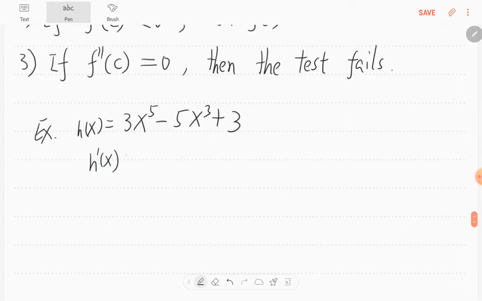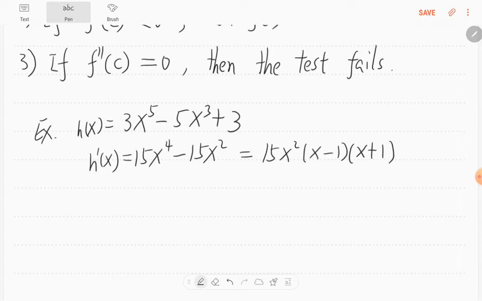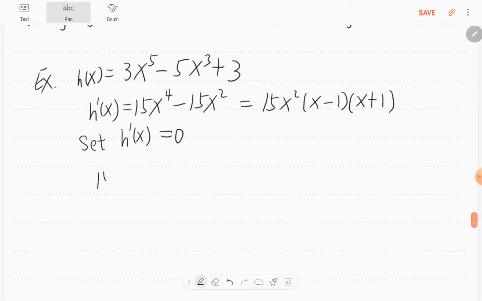To find the critical points or critical values, we take the first derivative, which is 15x to the fourth minus 15x squared. If you factorize it, this is 15x squared times (x squared minus 1), so it's 15x squared, x minus 1, x plus 1. Since the derivative exists everywhere, we just need to set the derivative equal to 0. So 15x squared, x minus 1, x plus 1 equals 0.